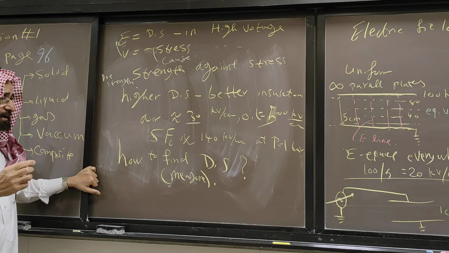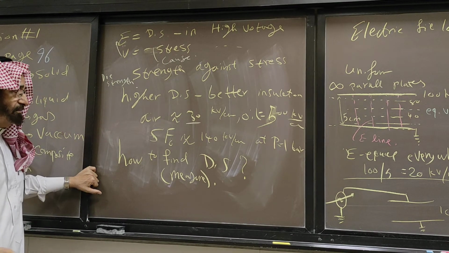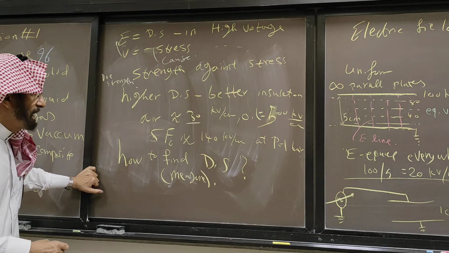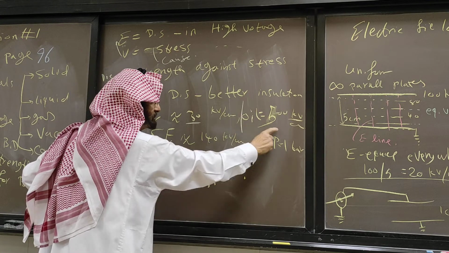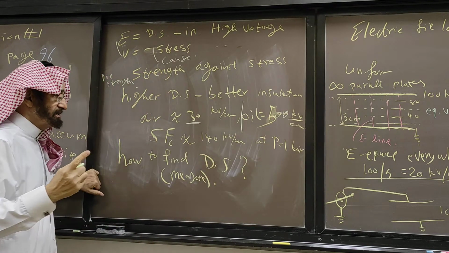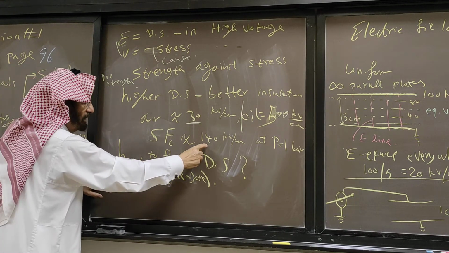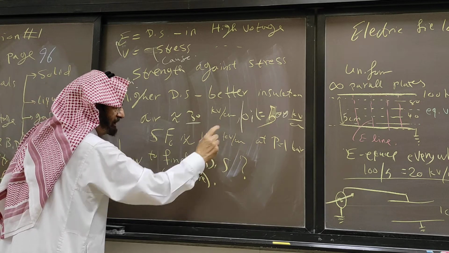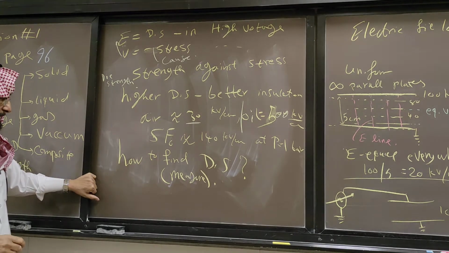If you apply more than 30 in the air, it will break down and, instead of insulation, become a conductor. Pure, good oil can take up to 500 kilovolt per centimeter. SF6 is about 140 kilovolt per centimeter at normal pressure, 1 bar.